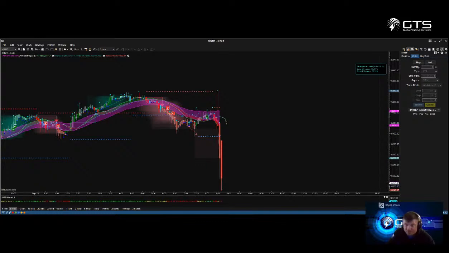But there are things out there that will help you on that journey, right? And this system right here is definitely one of those. I love it. I honestly don't know that I would truly know how to trade without it. But that's just me. Different levels of experience for different traders.